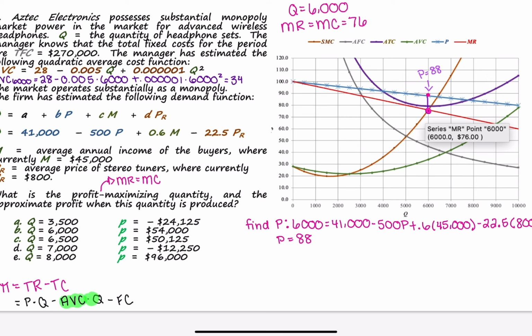Next says, what is the firm's price elasticity of demand at the profit maximizing quantity of output, and what is the Lerner index? So we know that our price is $88 because we solved for that on the previous slide, and we know that our marginal cost is $76, again solved for on the previous slide.